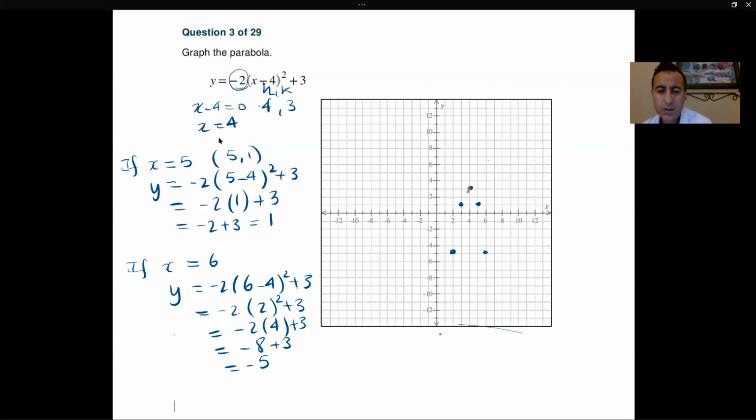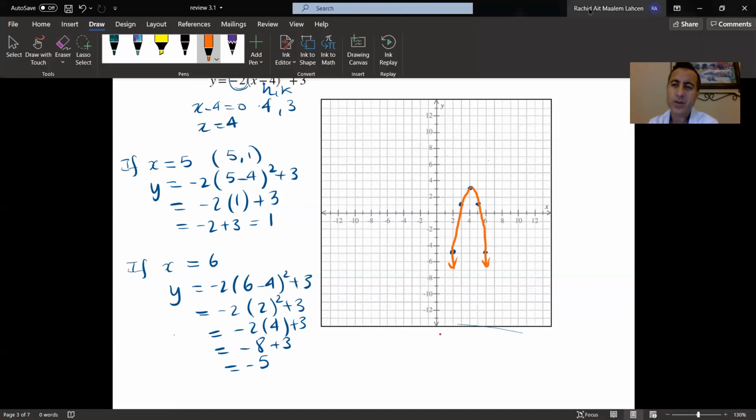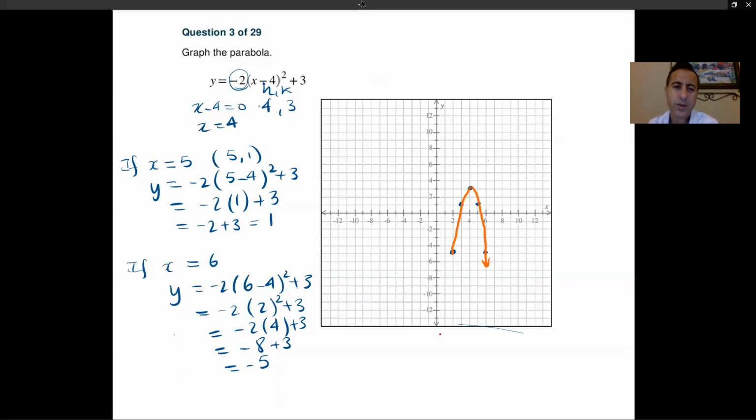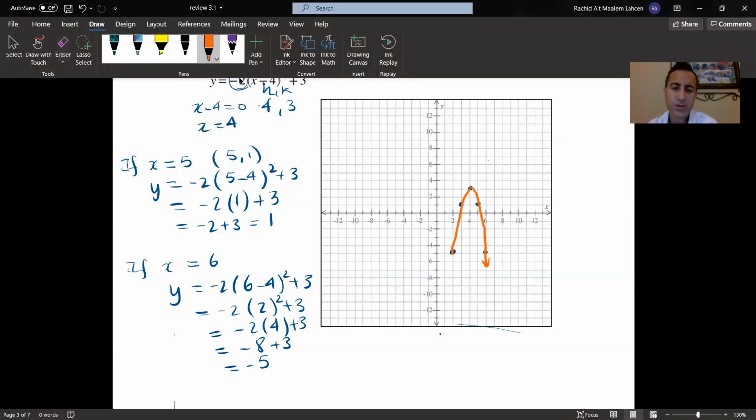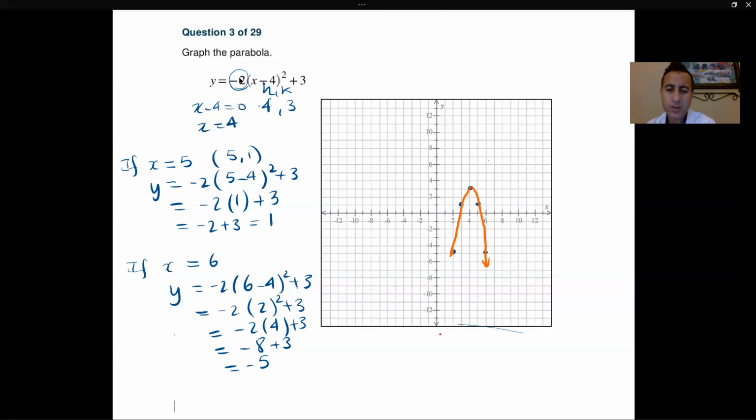And you graph, because I want to make sure they go through the points. It's not the best graphing here, but we'll try to make it a little bit better so it looks all right.